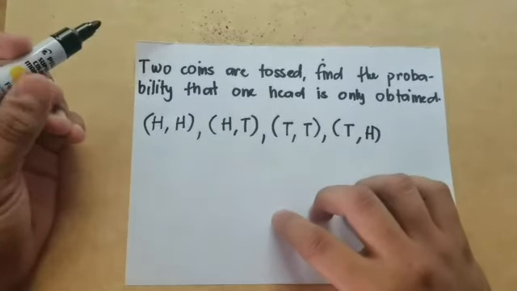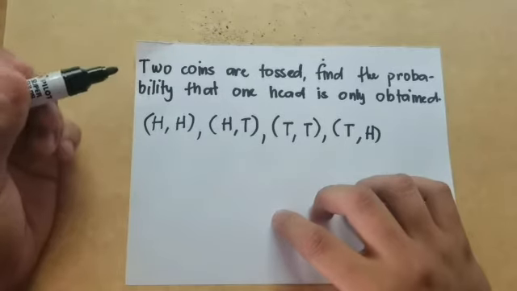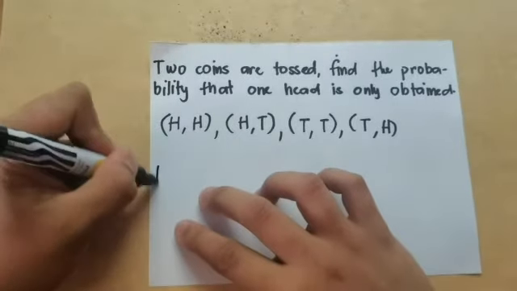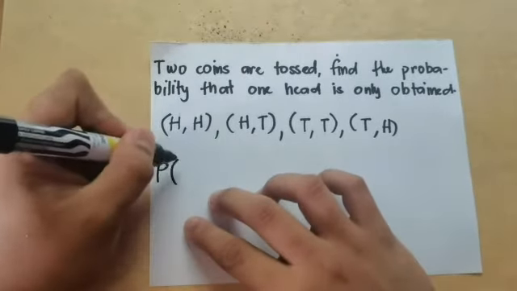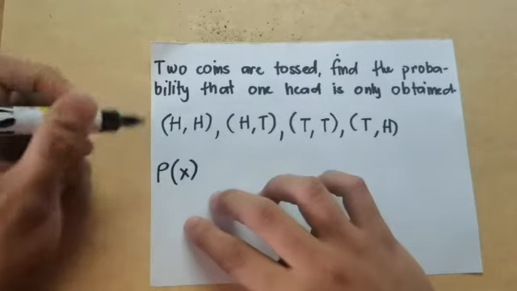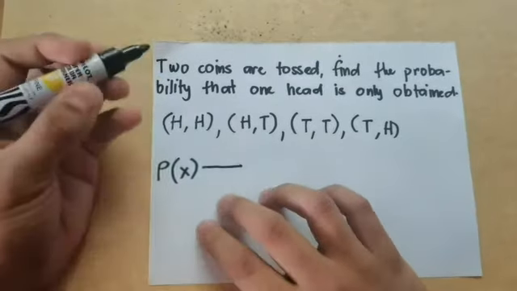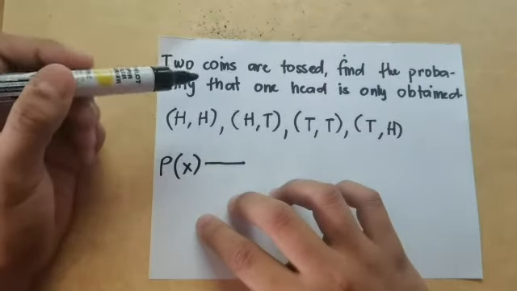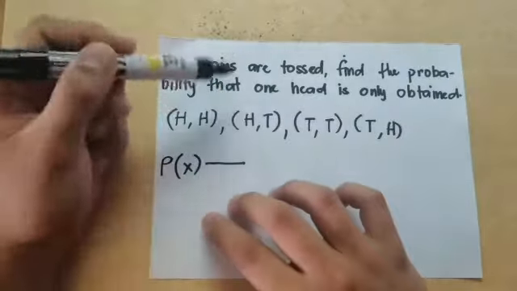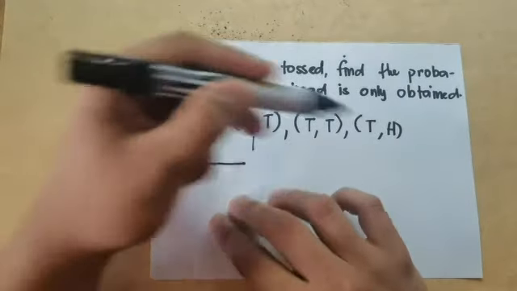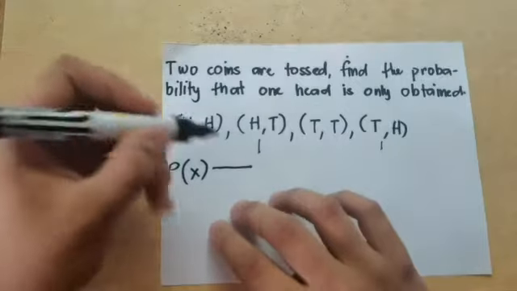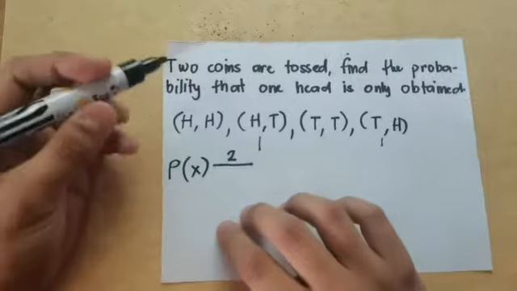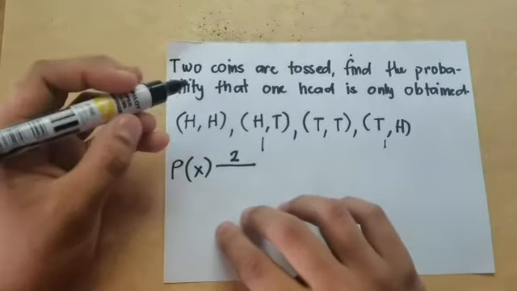But the problem asks for the probability that only one head is obtained. So the probability of only, let's just write x, one head obtained is equal to the number of favorable outcomes, which is 2. So this one, head tails, and this one, tails heads. So there are 2 possible favorable outcomes over the total number of outcomes, which is 4.